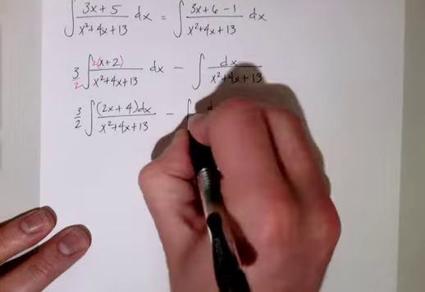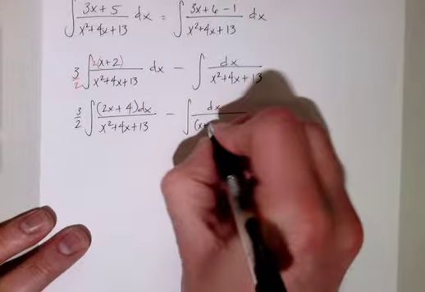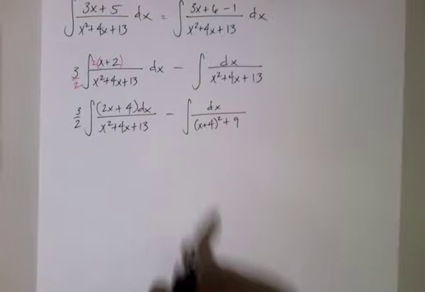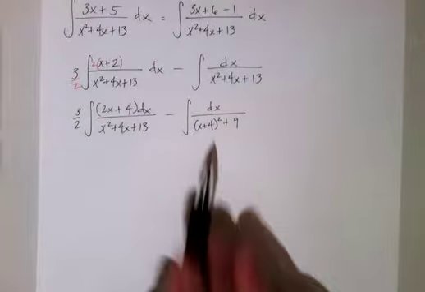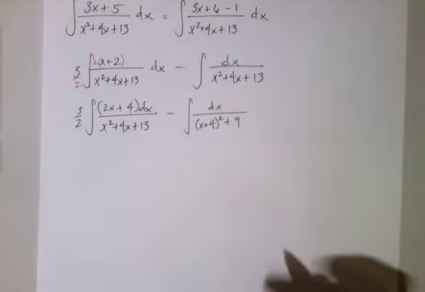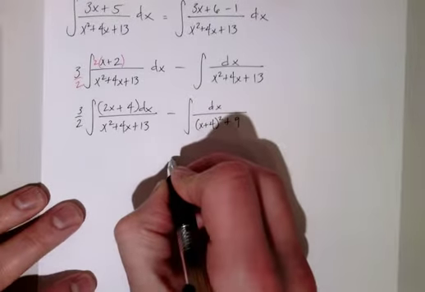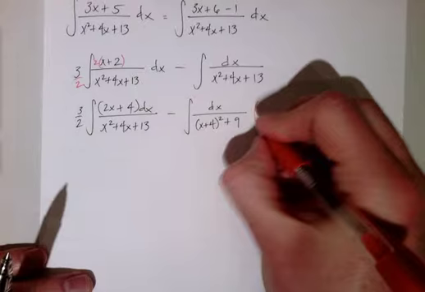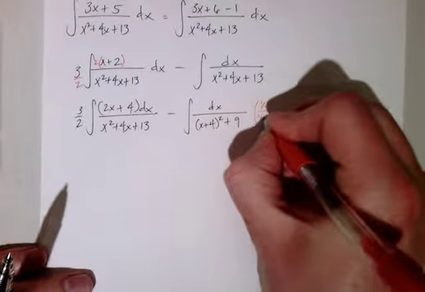Well, here's the thing. If I actually use completing the square, the same process that we use to turn something into vertex form, I can transform that denominator like this. Okay? Well, I can further transform that denominator by multiplying through by 1/9 over 1/9.